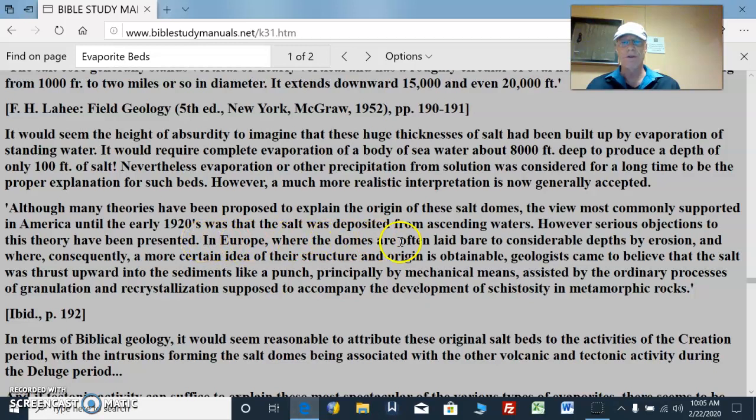In Europe, where the domes are often laid bare to considerable depths by erosion, and where consequently a more certain idea of their structure and origin is obtainable, geologists came to believe that the salt was thrust upward into the sediments like a punch, but principally by mechanical means, assisted by the ordinary processes of granulation and recrystallization supposed to accompany the development of schistosity in metamorphic rocks.